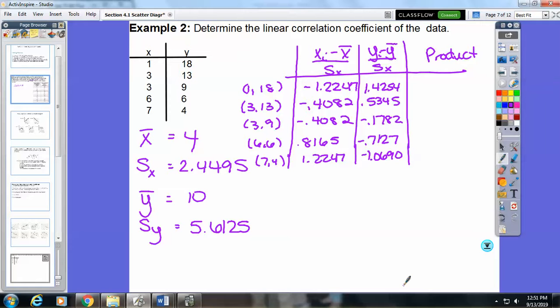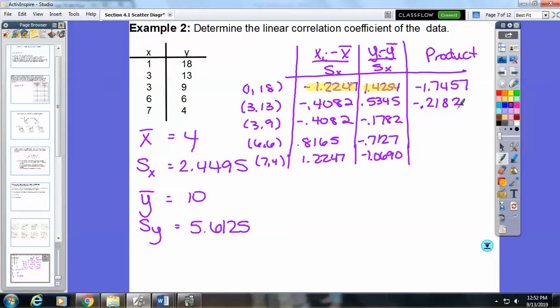Once you get those for the correlation coefficient, we have to multiply. So I am taking my x times my y. It is a lot of numbers.